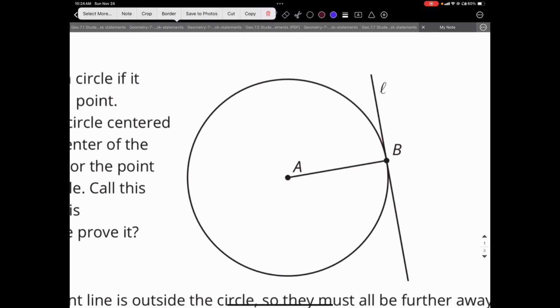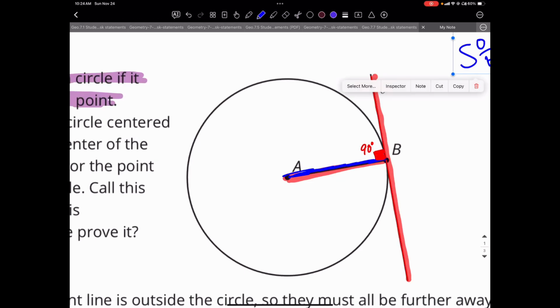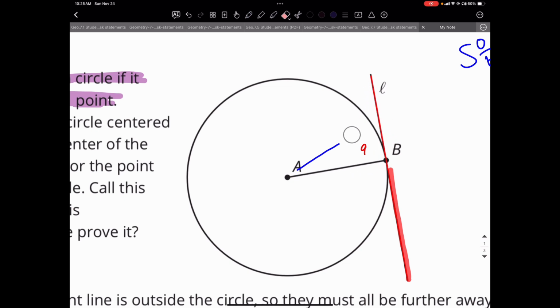So let's say, for instance, I have a line here and it's creating a right triangle. Okay, let me just erase some of this. It may help. So I just want to go over this example real quick.